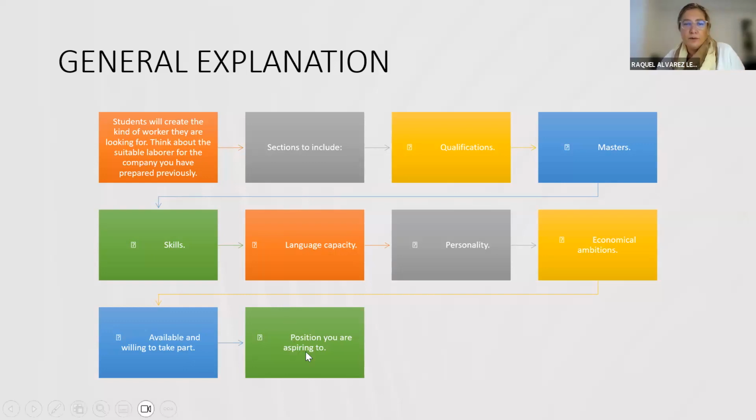And also, if this person is ambitious and aspiring to begin in a post in your company, but then is aspiring to a step up and to promote, promote is subir en la empresa, to promote to a post with more responsibility, okay?